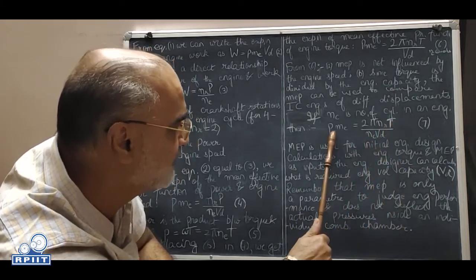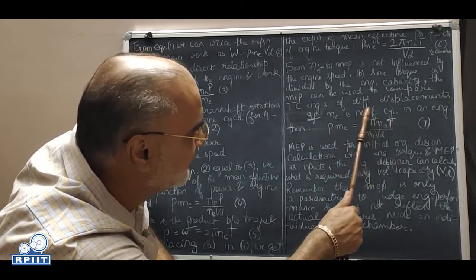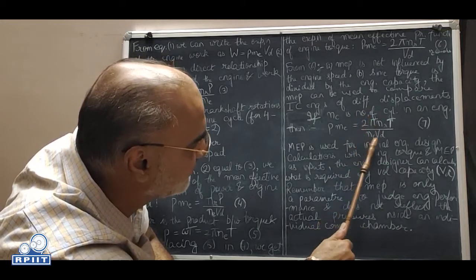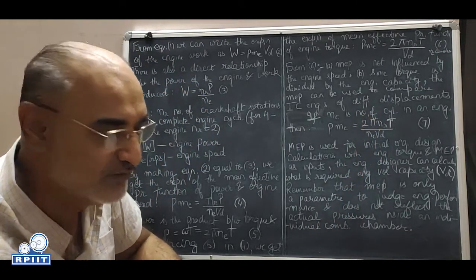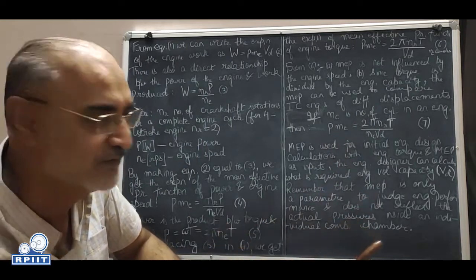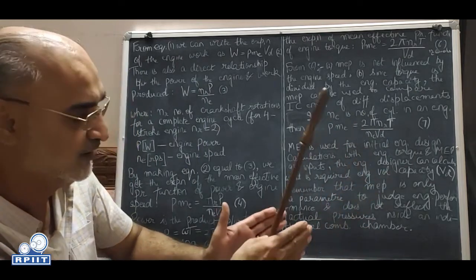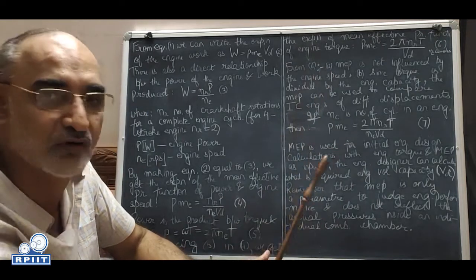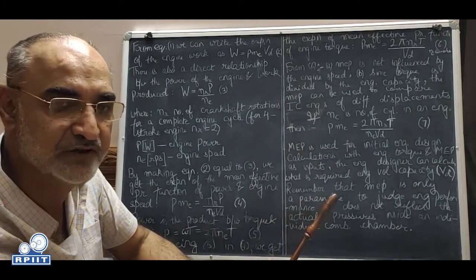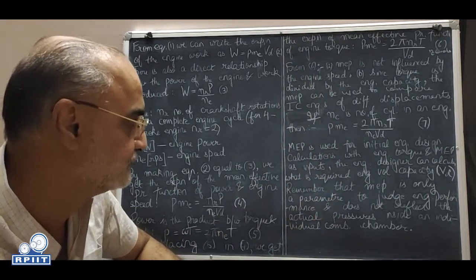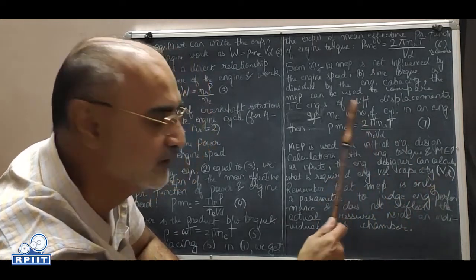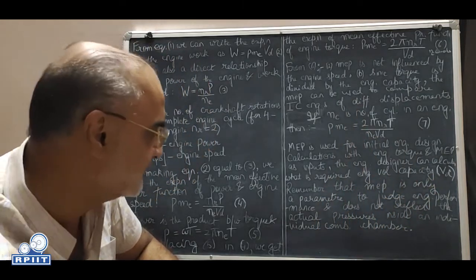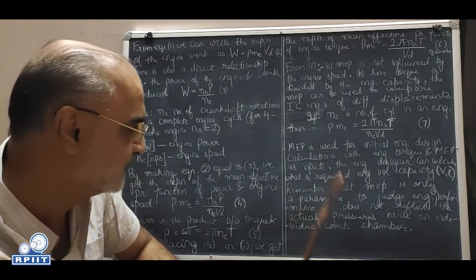Torque and MEP are known, and then we can calculate VD. VD is nothing but the engine displacement, and we can calculate the volume of the cylinder. From the volume, we can calculate the diameter and the stroke, from BDC to TDC. This is how an engine is designed. This is the higher stuff, but you should know.